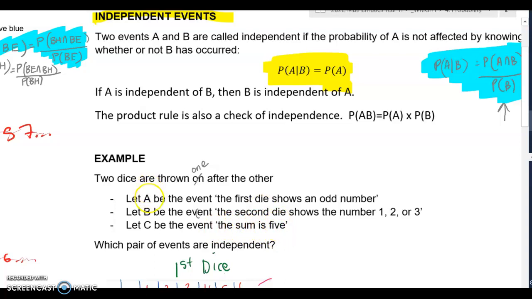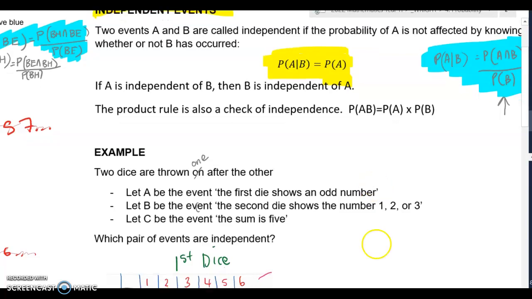Although we have 3 events we're looking at, those are not the things that we are doing. The things that we are doing are throwing the dice. We are throwing a first dice and recording its value, and we are throwing a second dice. The things that we're looking for, or the events, are the odd numbers, the numbers 1, 2, and 3, and the sum.